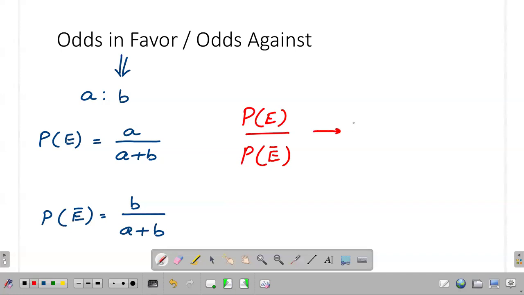So this is P of E by P of E bar. This is what odds in favor of a particular event is.